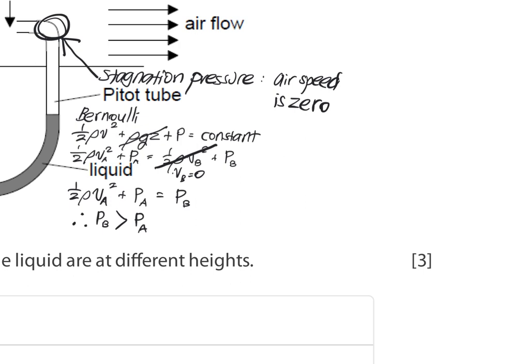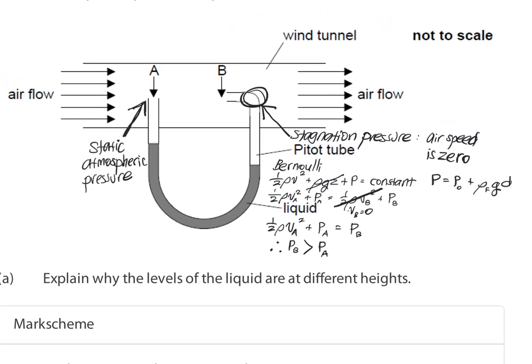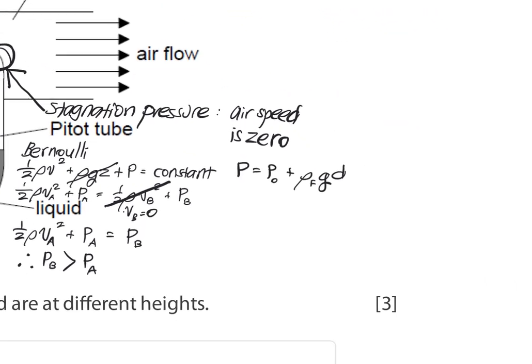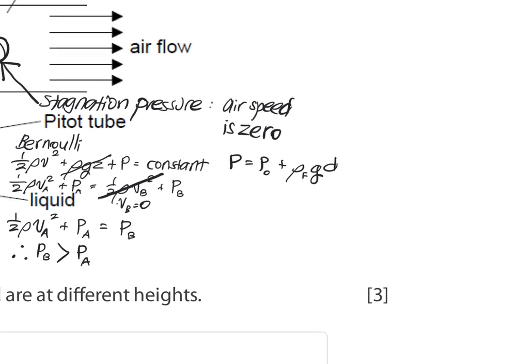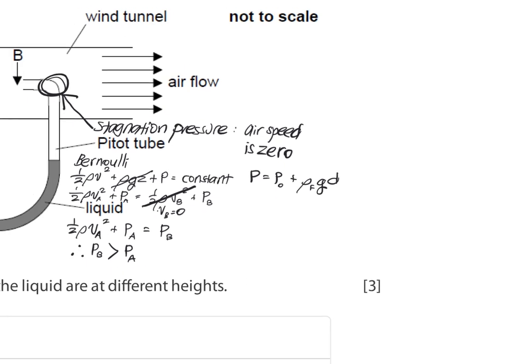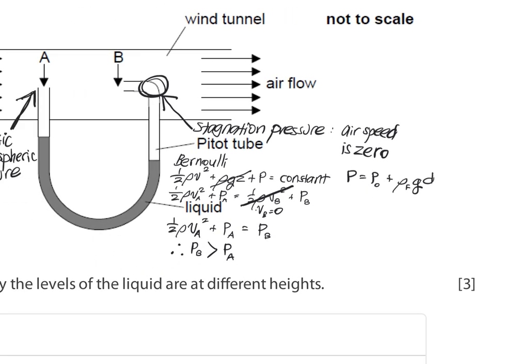As for the difference in the air column height, that has to do with the difference in the pressures. Now we can reach back to the formula for manometers. On one end is the atmospheric pressure, that's static pressure, which A is at static atmospheric pressure, plus the density of the fluid times g times the difference in the height column there.